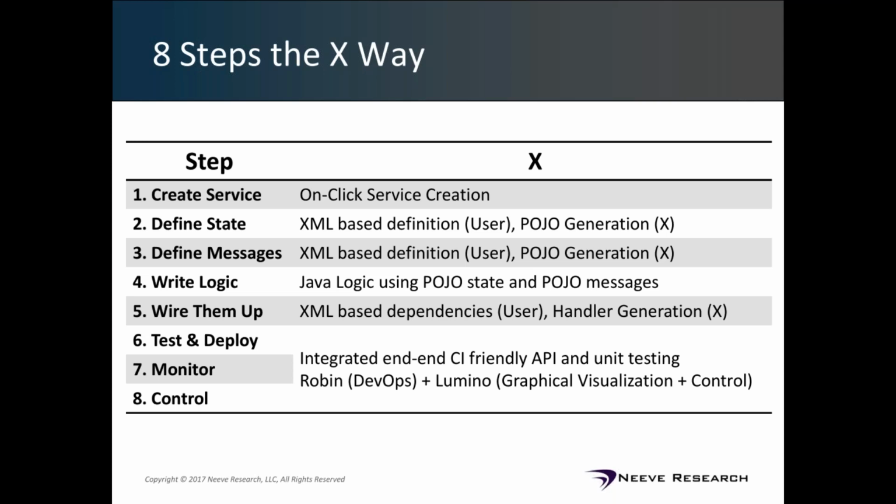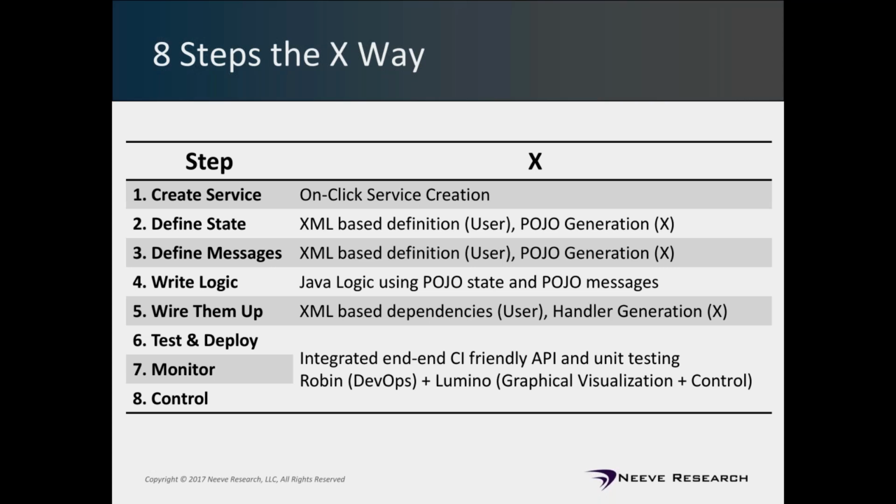Writing of logic is pure Java logic, which operates on Java-based or POJO-based state and interoperates using POJO-based messages. Wiring them up is done using another XML-based dependency, which is called service XML. You define service XML, so you define your contract, and you can define dependencies between these different services.